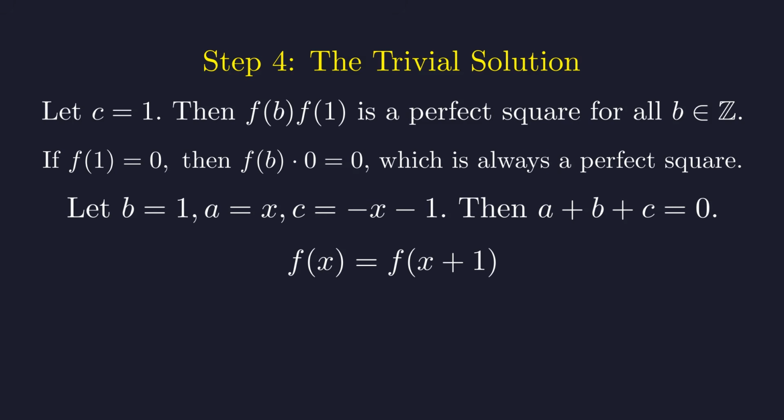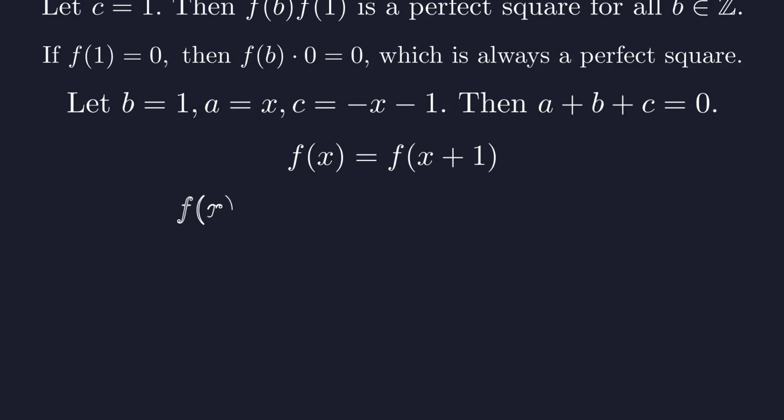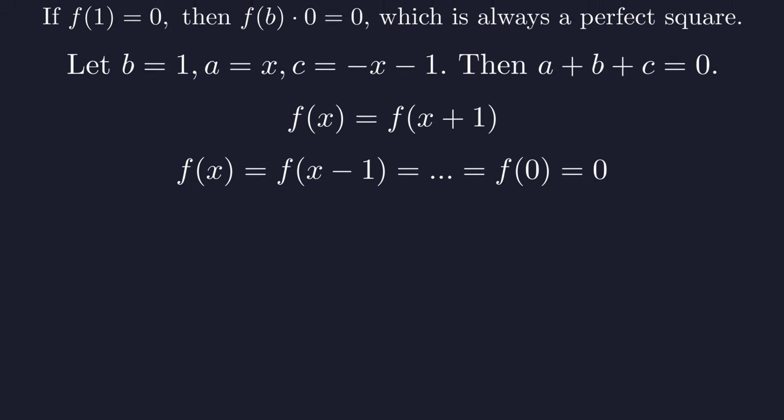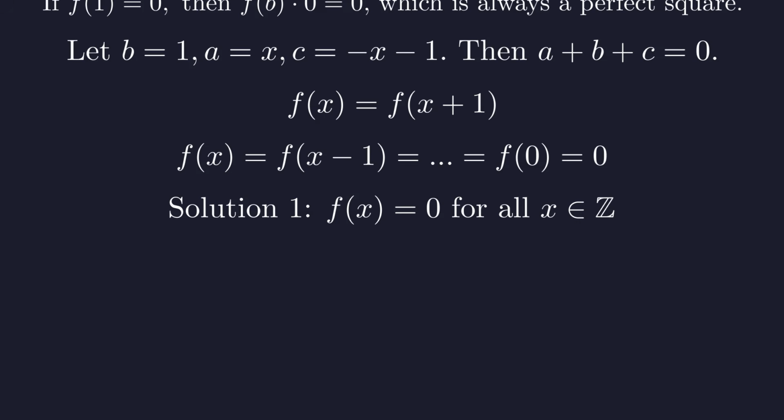The function is periodic with period 1. A function with a period of 1 must have the same value for all integer inputs. Since f of 0 is 0, the function must be 0 everywhere. This gives us our first solution, the function that is 0 for all integers. A quick check shows that 0 equals 0, so it works.